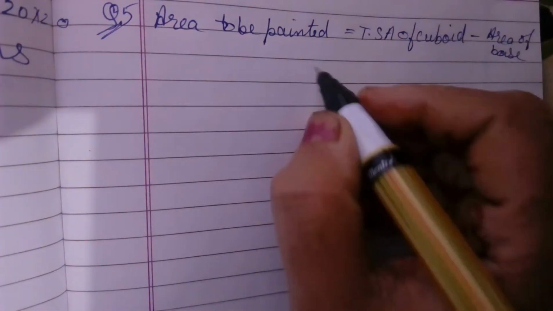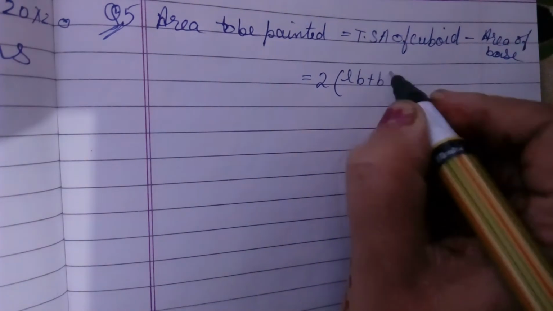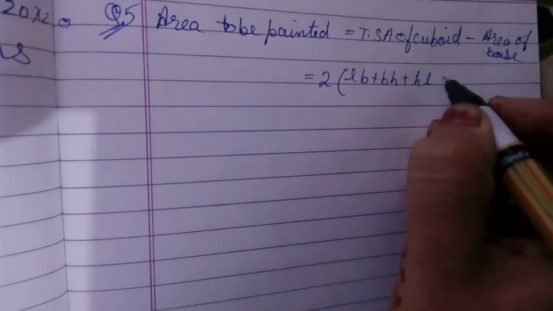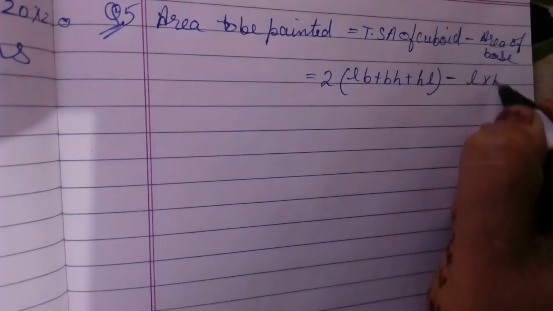Is it clear? Now the total surface area is 2 into (length into breadth, breadth into height, and height into length), and we have to subtract length into breadth.